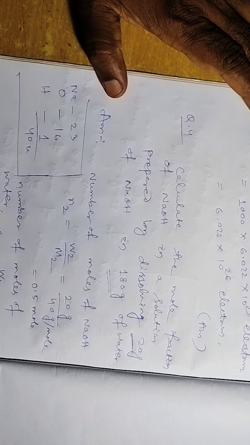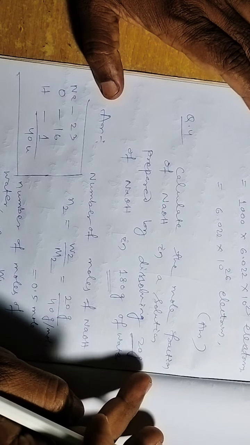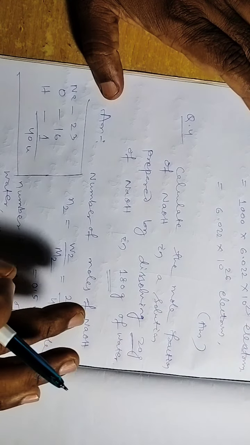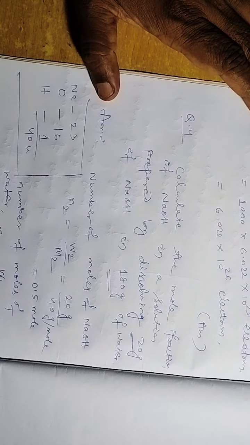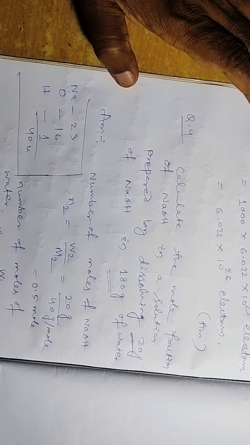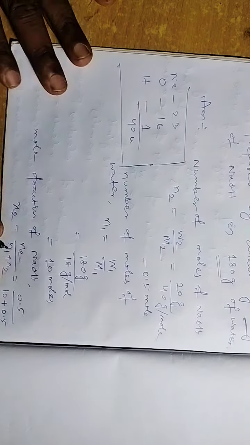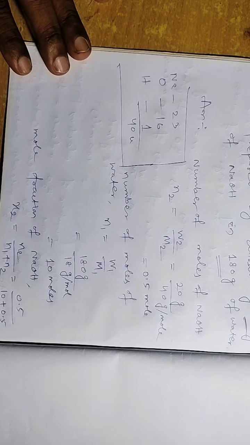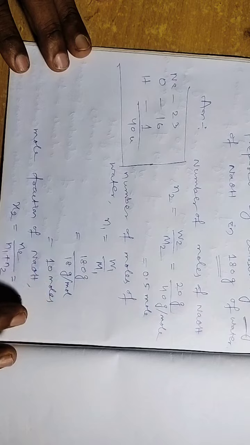So we have calculated the number of moles present in 20 grams of sodium hydroxide and in 180 gram of water. Then the final formula is x2 = n2/(n1 + n2). n2 is 0.5 mole, n1 is 10 mole, as we have copied here.